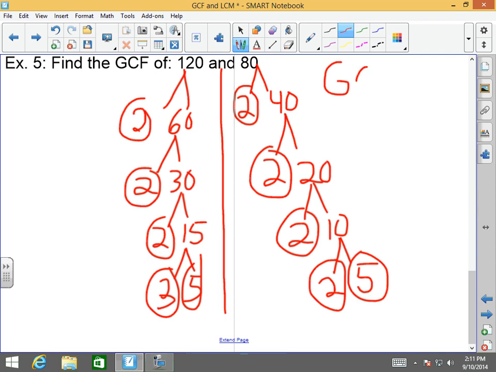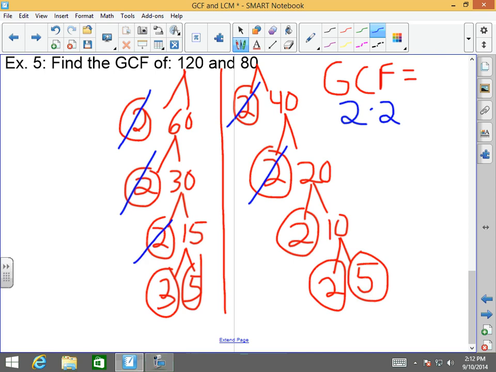So the GCF here, remember guys, is the product of the pairs of prime numbers that you pull out. So, follow me please. I'm going to do a different color so you could see it clearly. Okay. A 2 and a 2 comes out as 1, 2. Every pair comes out as one of that value. Another 2 and another 2 comes out as a 2.